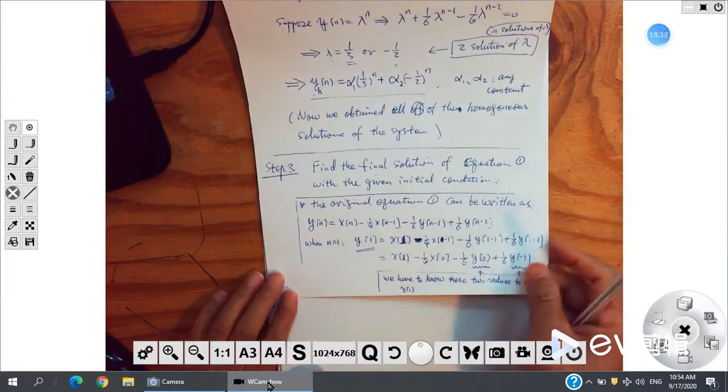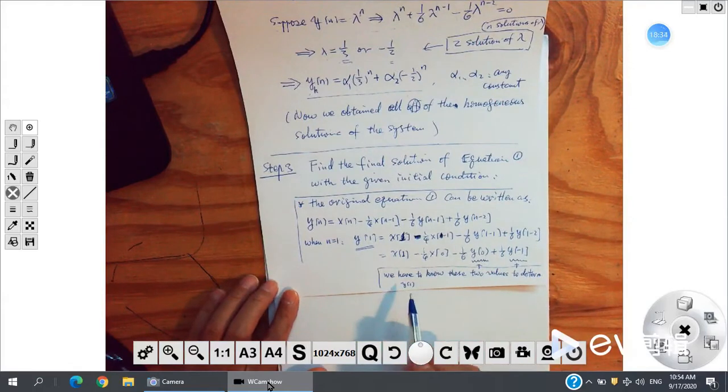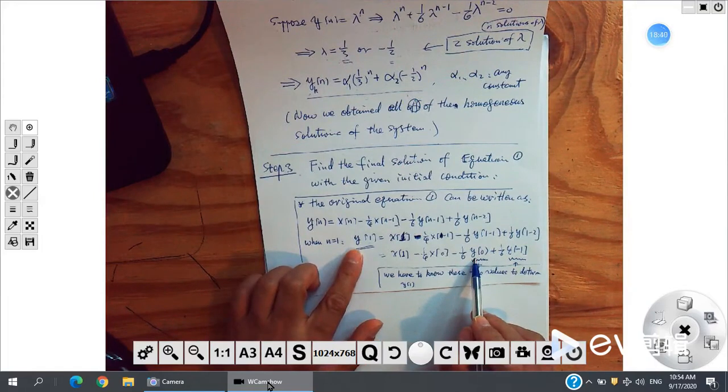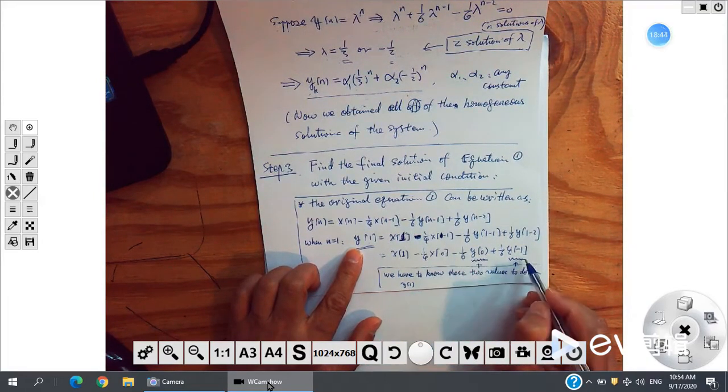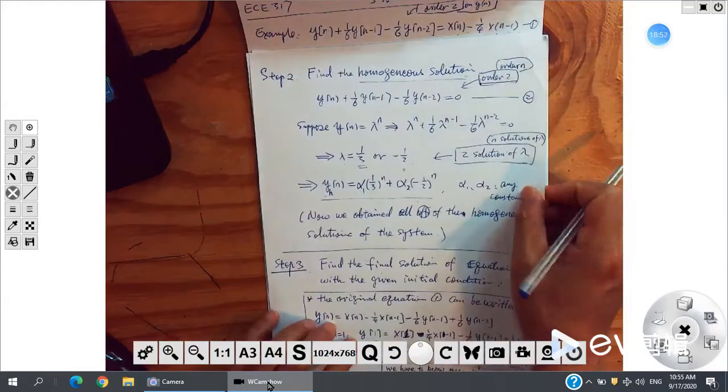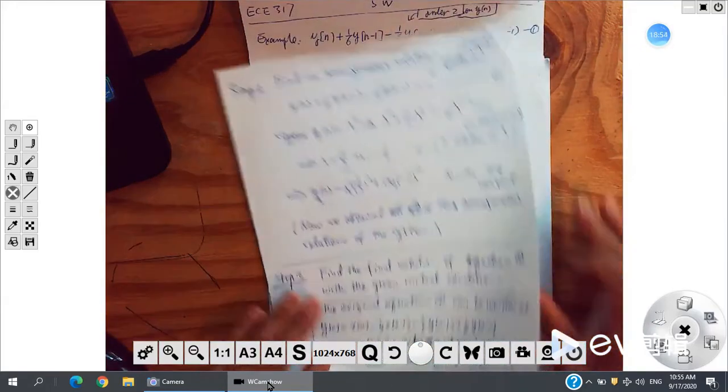Alright, yeah, we have to know these two. If we do not have these two values, we cannot determine y of 1. Okay, so this is the initial value. They are the initial values. And then you look at the original equation here. I put these two together.